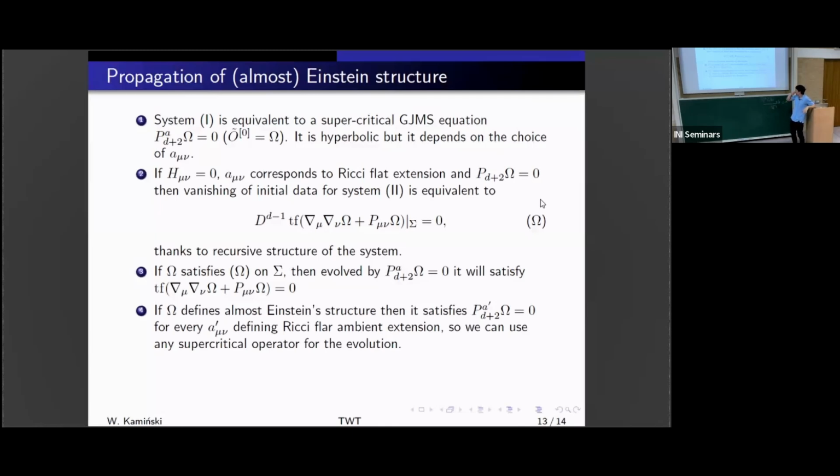It turned out that the condition for the initial data of the second system to be 0 is exactly the condition that omega determines the almost Einstein structure on the surface. It's only D minus first jets on the surface. If we know that the initial data is 0, then by propagation, we know it is 0.